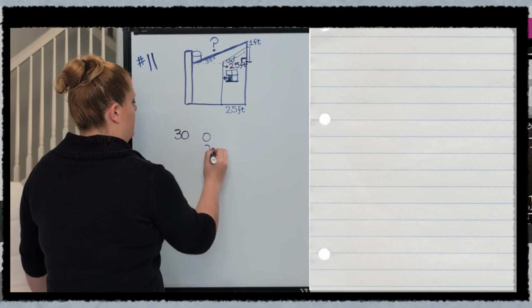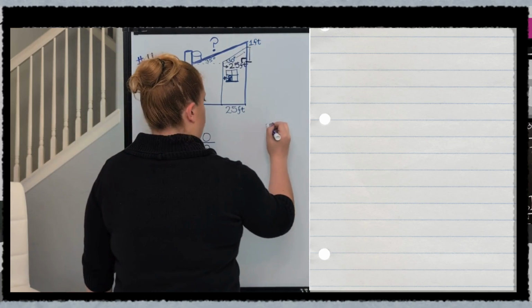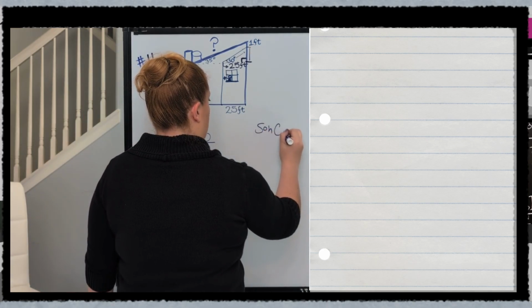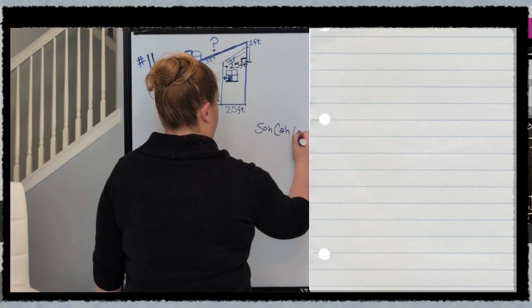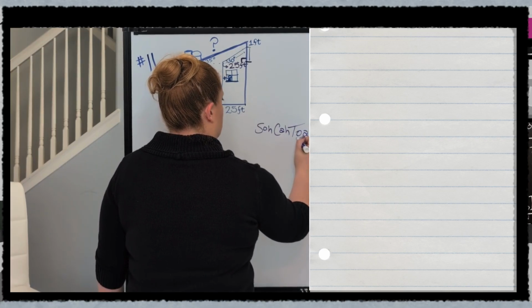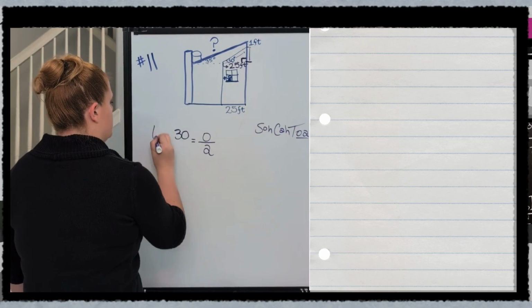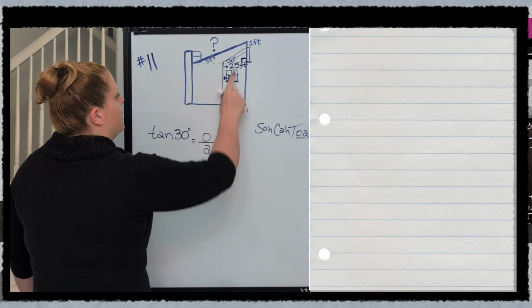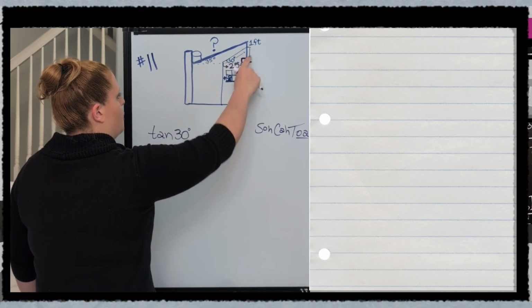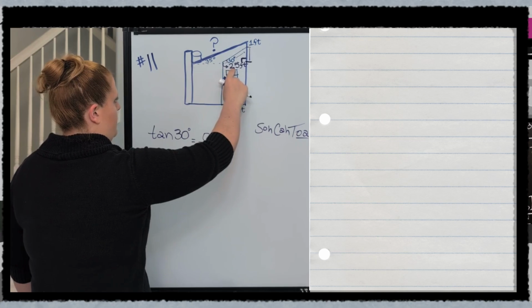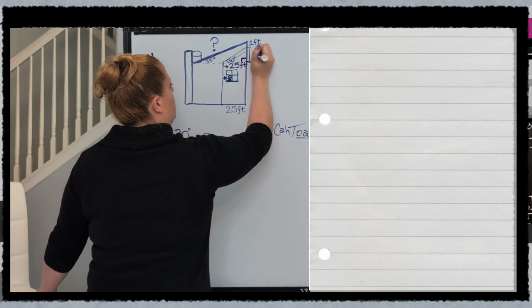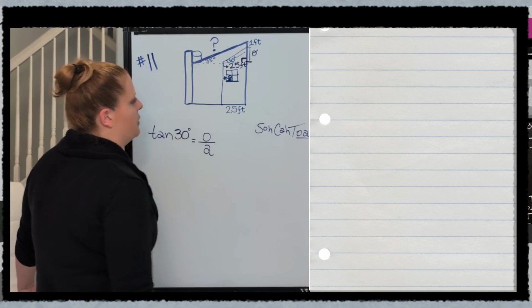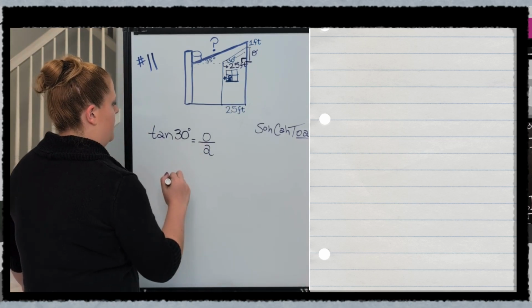So opposite, adjacent, that would be our TOA, okay? So tangent 30 degrees is equal to opposite over adjacent, okay? And I'll put an O here. I just don't want to confuse it with a 0, so I'll write it fancy.